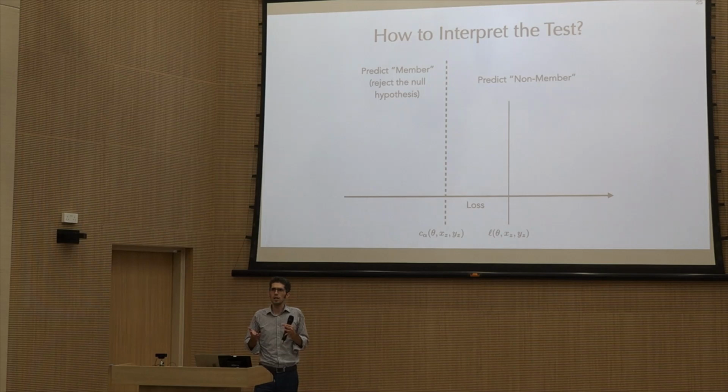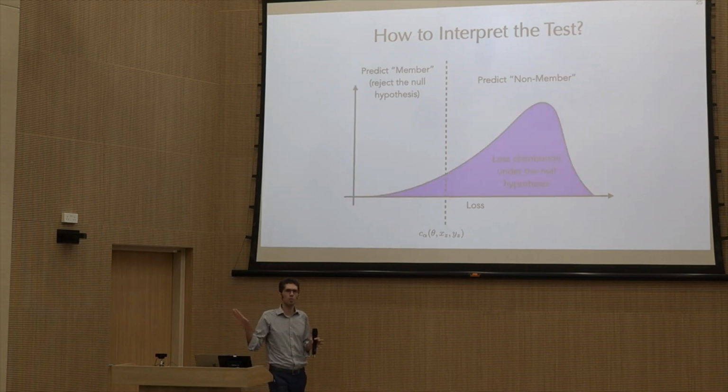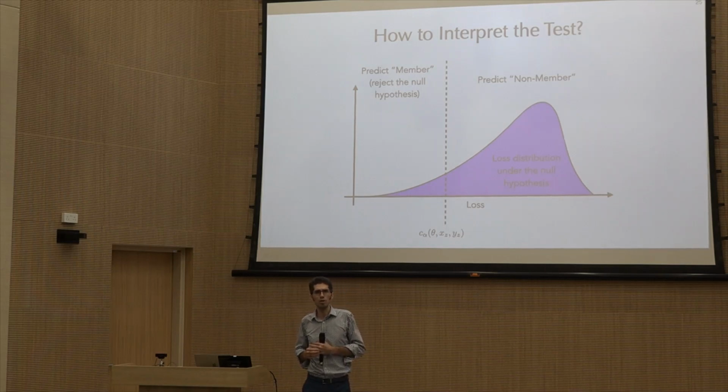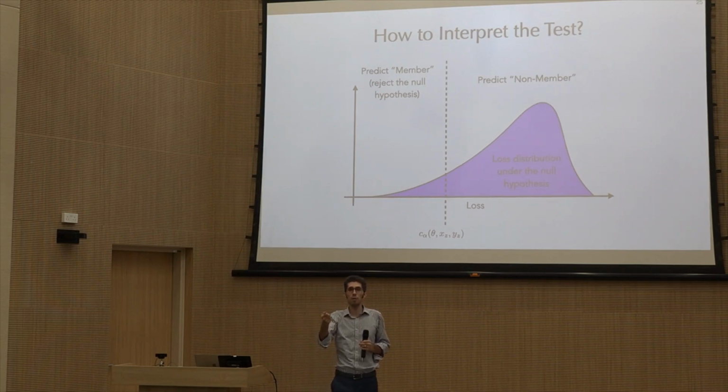There are so many non-members, right? So all the data from the population would fall into this category. Let's say I exhaustively go over all the data points which are not in the training set, and I compute the histogram of their loss, which is actually the likelihood ratio under the null hypothesis. None of them are a member of the training set.